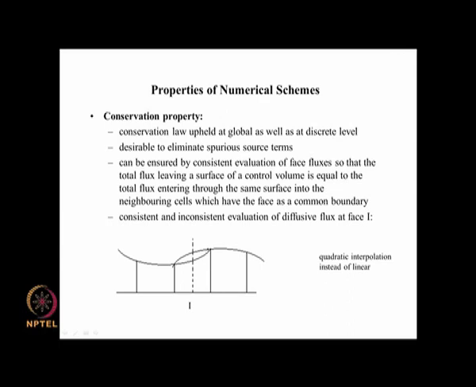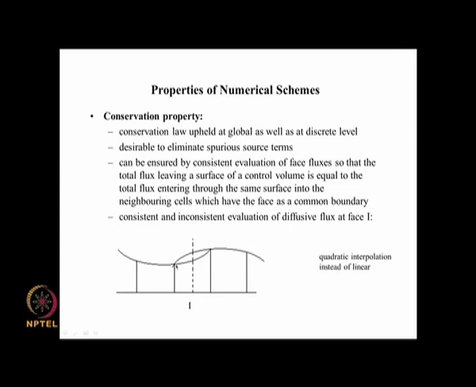So, this polynomial function may be different from this polynomial function, and therefore, when you evaluate the gradient here, then you may get a different value when you evaluate for this control volume and from the value that you got for evaluation of the gradient at the same place for this control volume. And what this means is that the flux which depends on the gradient is now different when it is seen by this control volume as opposed to this control volume.